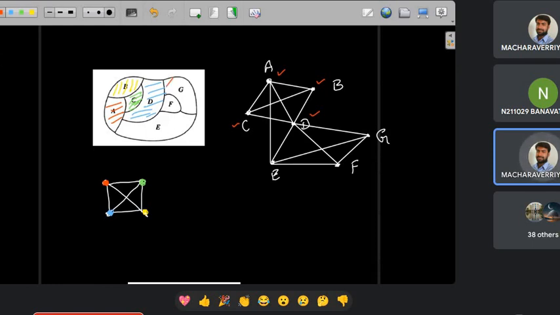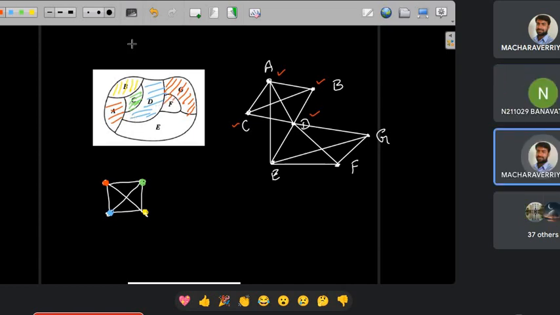I hope we can assign red color to G. And E cannot be assigned red color and also blue color, so it can be assigned either green or yellow.